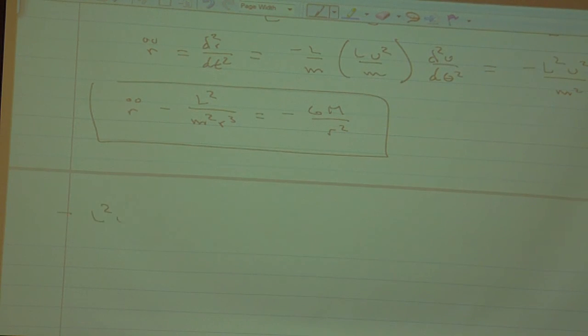Minus L squared u squared over m squared d²u/dθ², minus L squared over m squared u cubed is equal to minus G m u squared. Alright, I'm going to replace r with 1 over u. I'm going to replace r double dot with minus L squared u squared over m squared d²u/dθ².